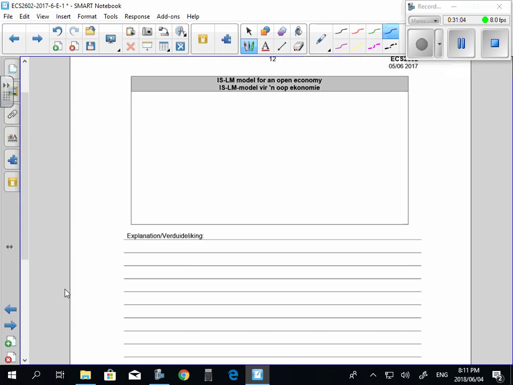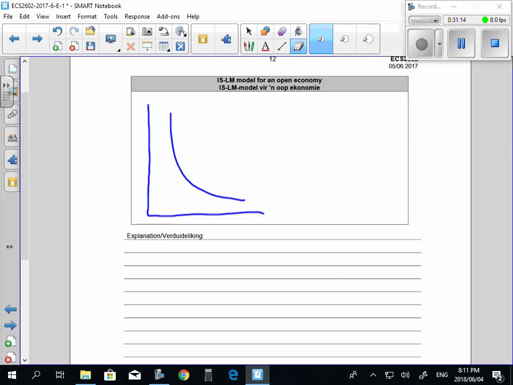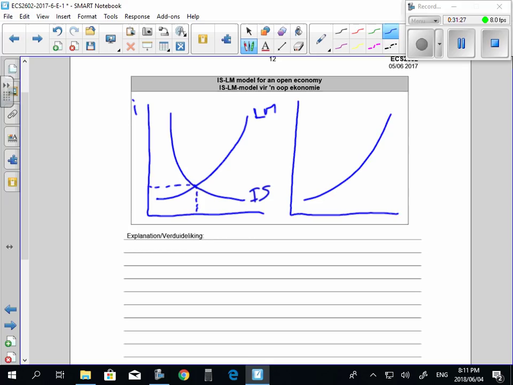So, your ISLM for an open economy. Now in your interest parity relation, you've got interest rate on your y-axis and you've got your nominal exchange rate on your x-axis.